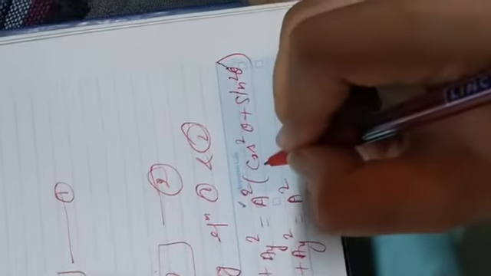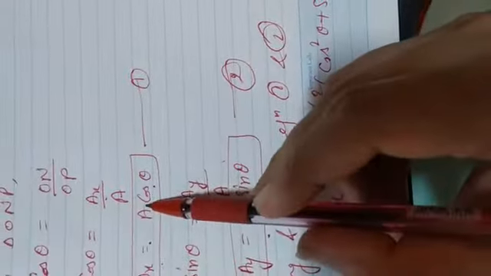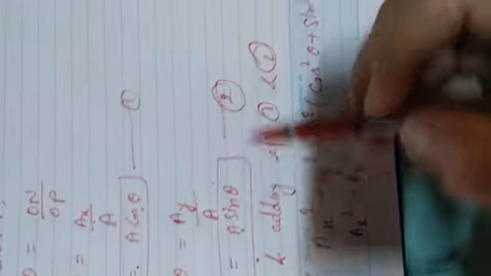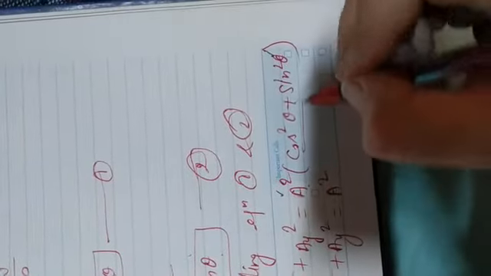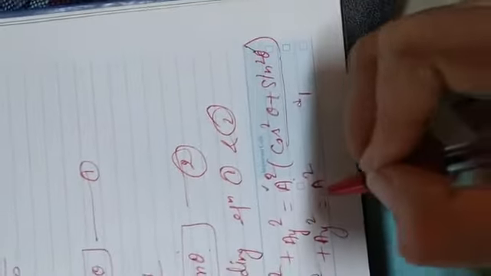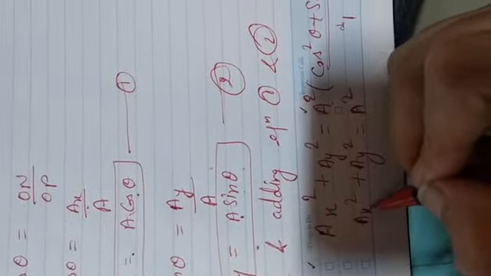Clear? Because from here, adding and squaring, we get A square cos square theta plus A square sin square theta. From here we have taken A square common. Now from this we can write 1, and what is left is Ax square plus Ay square equal to A square. So we can write A equal to under root Ax square plus Ay square.